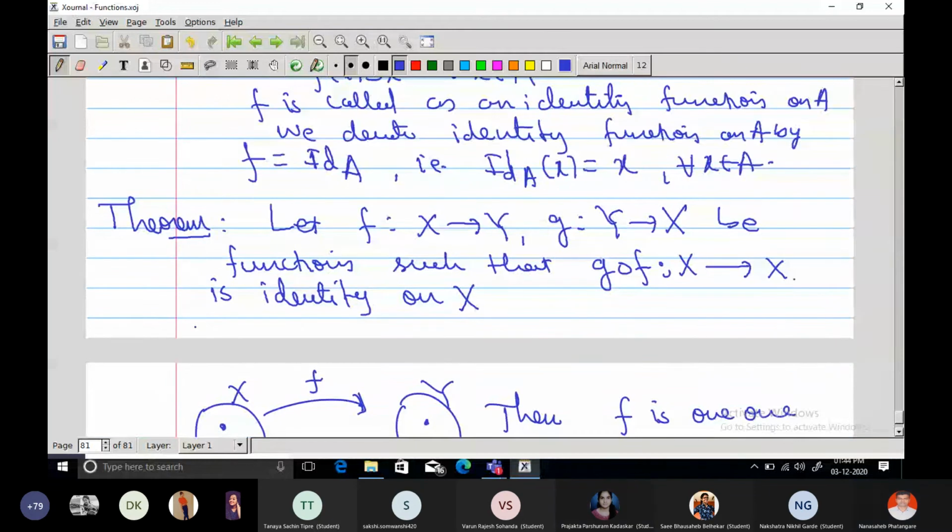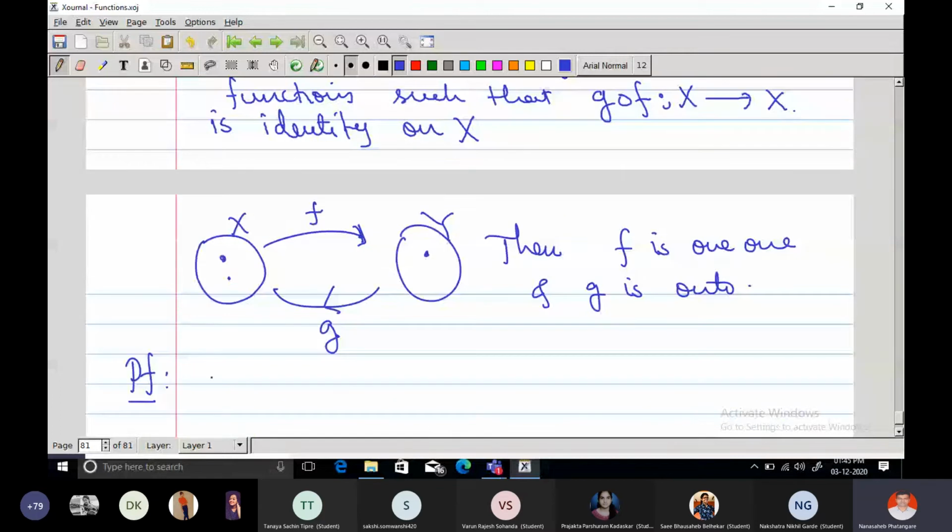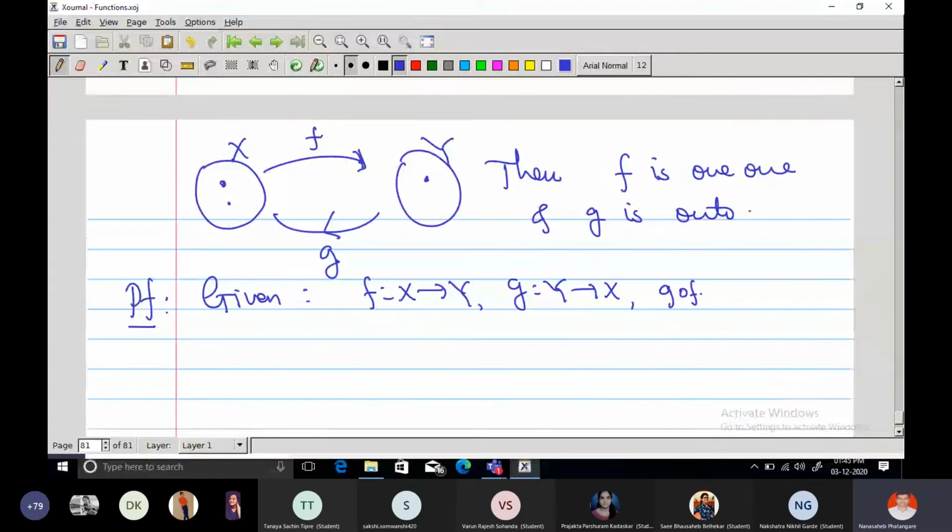Yes, sir. Right. So let us try to prove this now. So what is given? f is from X to Y, g is from Y to X, and further, g composite f is identity on X. That is, (g composite f)(x) is equal to x for every element in X, because the domain of g composite f is X. Fine.